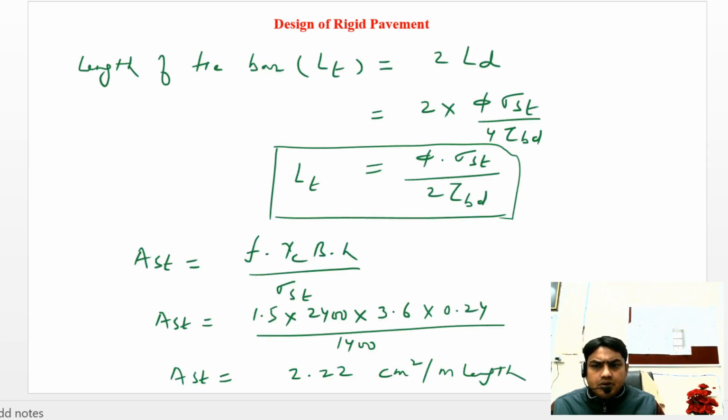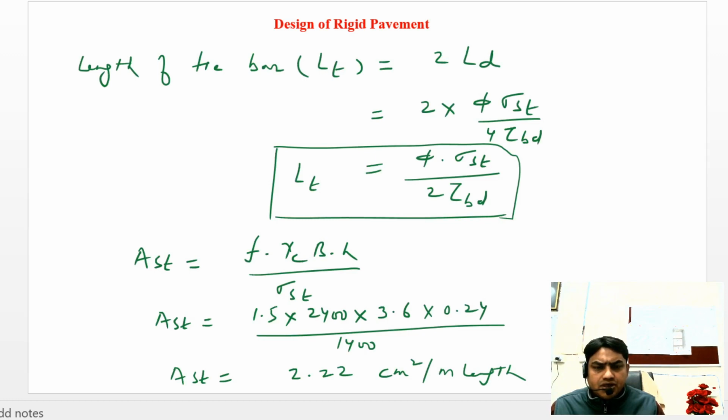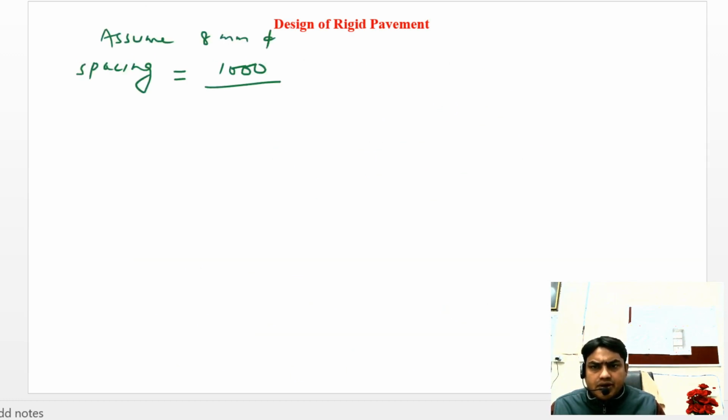So if I compute the spacing, assume 8 mm diameter is provided, so spacing can be computed as 100 divided by 2.22, since this value is 2.22 centimeter square per meter, means 100 divided by 2.22 into pi by 4 into 0.8 square.